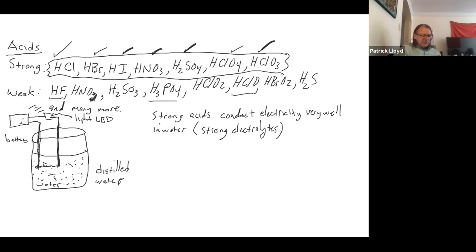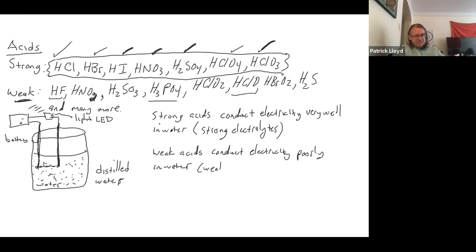So for that reason, we call these weak electrolytes. So weak acids conduct electricity poorly, right? They don't do a very good job of conducting electricity in water. So we call them weak electrolytes.